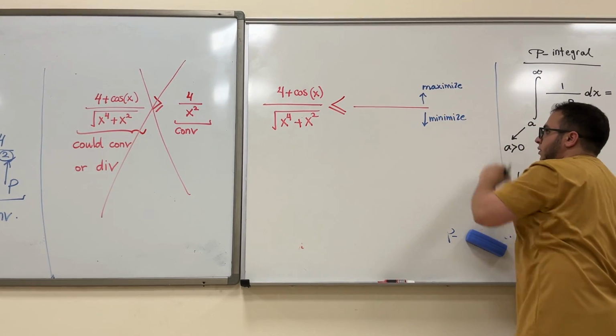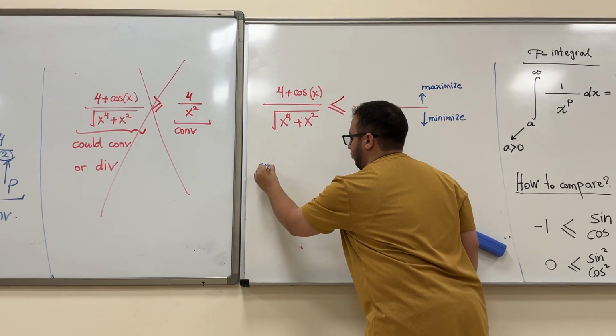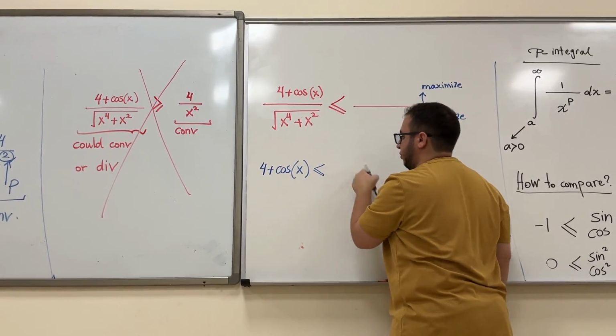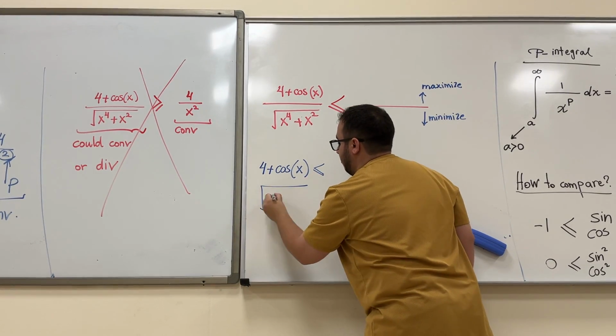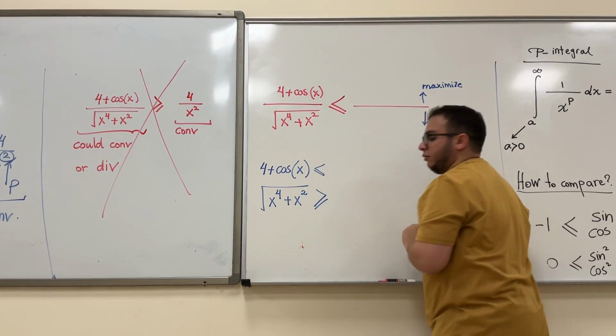We can remove the x squared, because this part is larger than this part. I'm gonna do it slowly. I'm gonna do 4 plus cosine x less than or equal something, and at the same time, x^4 plus x squared larger than or equal something.